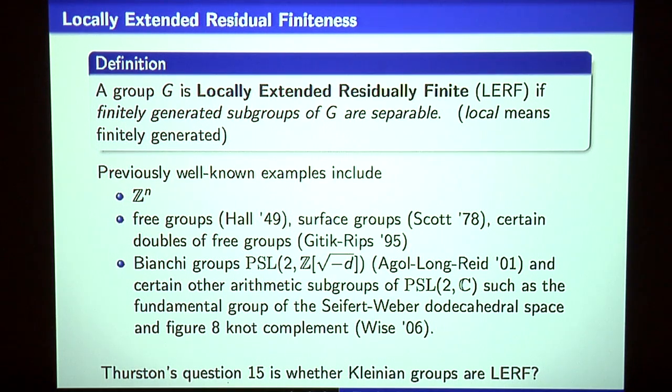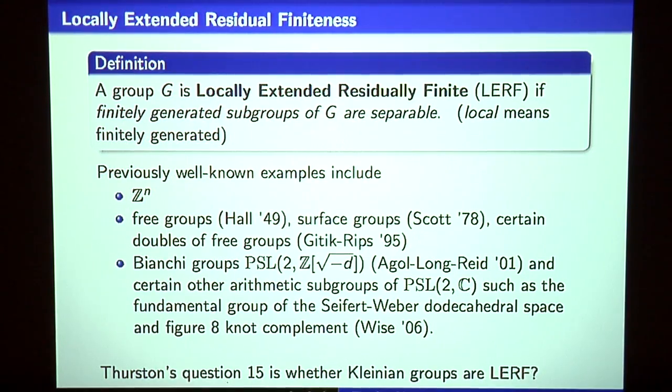Certain other arithmetic subgroups of PSL2C, again, I haven't defined what arithmetic means, but the Seifert-Weber dodecahedral space that I gave as an example yesterday is covered by the theorem, as well as the figure 8 knot complement. That's essentially a special case of a Bianchi group, and that case was also proven by Dani Wise around the same time, although his paper didn't appear until 2006. So Thurston's question number 15 is whether Kleinian groups are LERF.